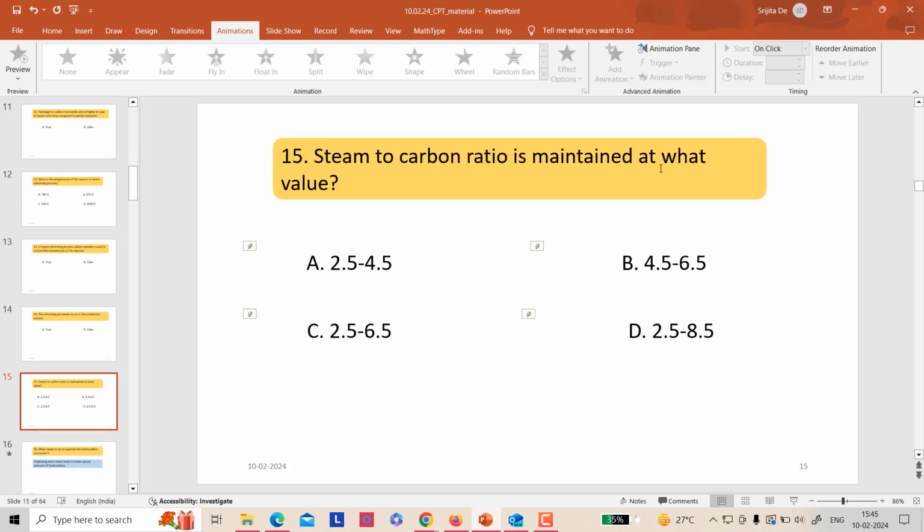Next is, the steam to carbon ratio is maintained at what value in case of syngas production?